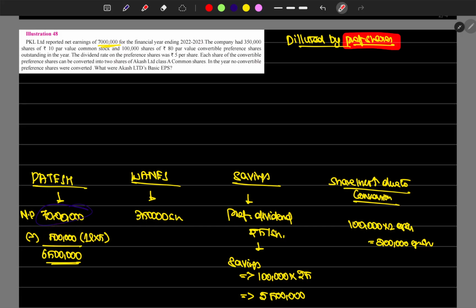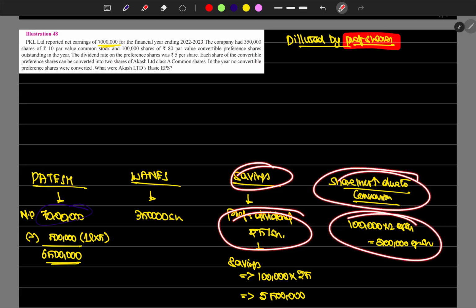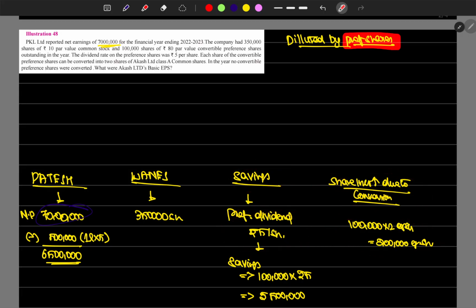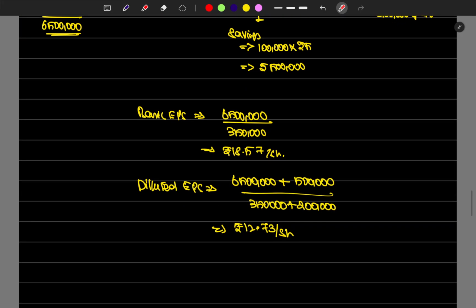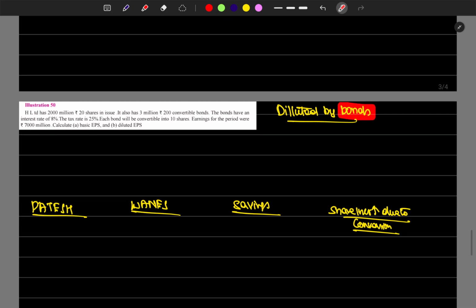So profit attributable to equity shareholders is always net off with the preference dividend. So we found out that 65 lakhs is the Patesh. Then the Vanesh is 3,50,000. What's the savings? Savings is the preference dividend. Share increase is 1 lakh preference shares converted into two equity shares each, which is 2 lakhs equity shares. So we calculated the basic EPS and diluted EPS. Okay, last one.